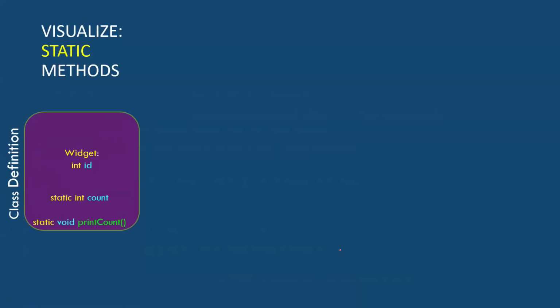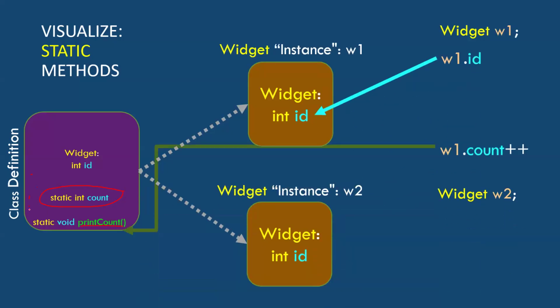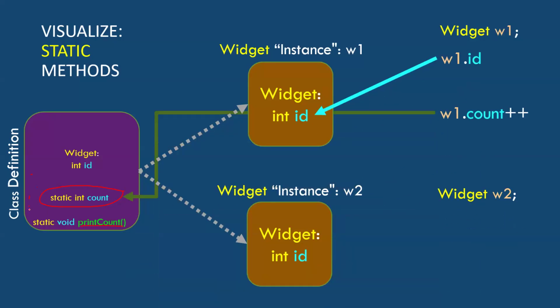So here's an example. Let's say instead of just reaching in and grabbing this count, we had a getter. Print whatever the count is, or print out the total cost of everything we produced at the factory today. That print method could access a variety of pieces of information stored at the factory. So we create these instances of widgets, we have an ID, and we can increment the count manually if we want, or we could do it through the constructor.